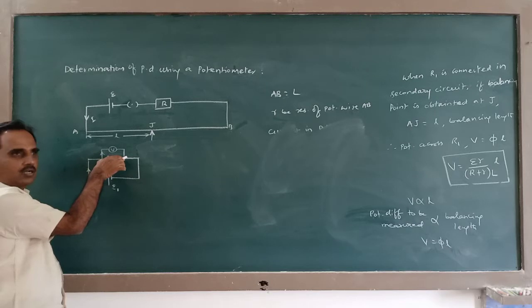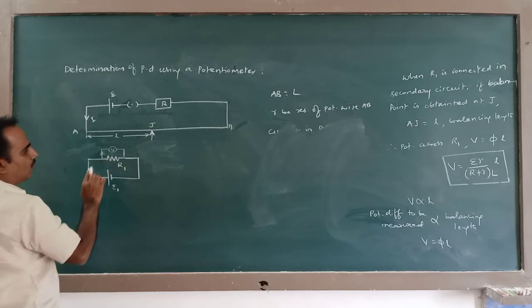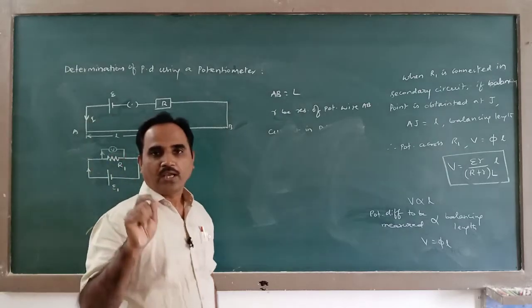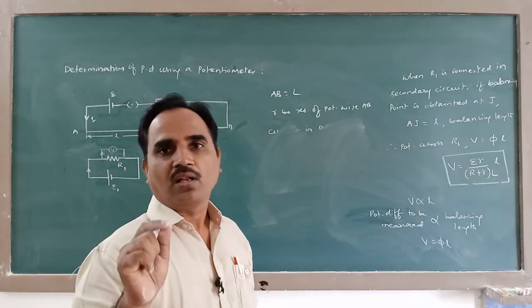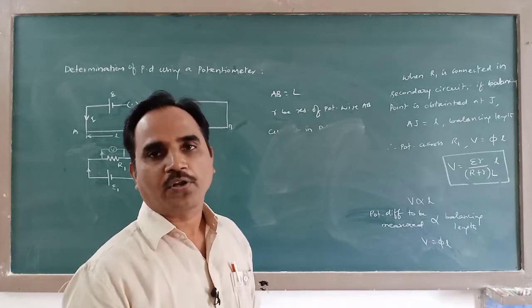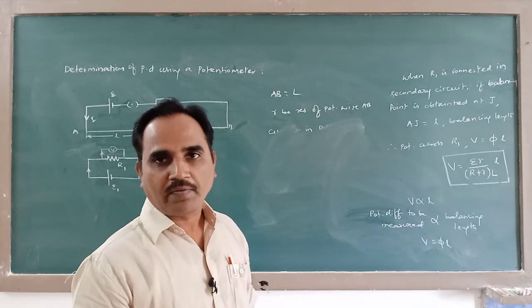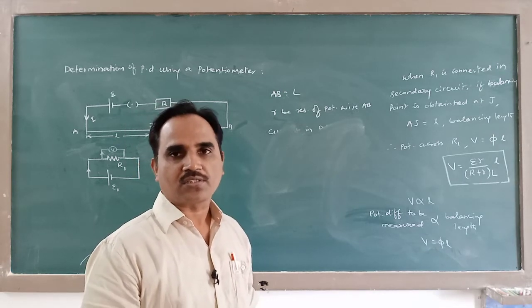Understand? So, the potential difference measured by a voltmeter is less accurate compared to that of a potentiometer. Hence, a potentiometer is considered to be a more accurate device to measure potential differences.